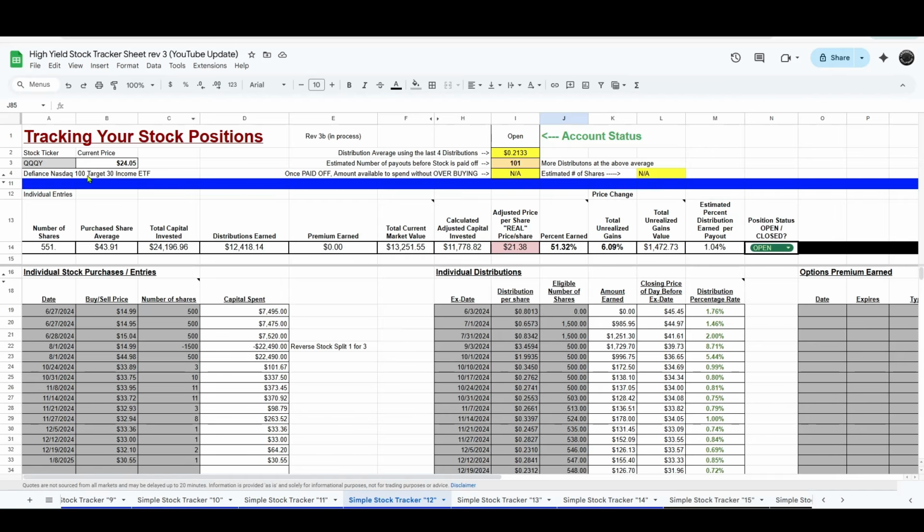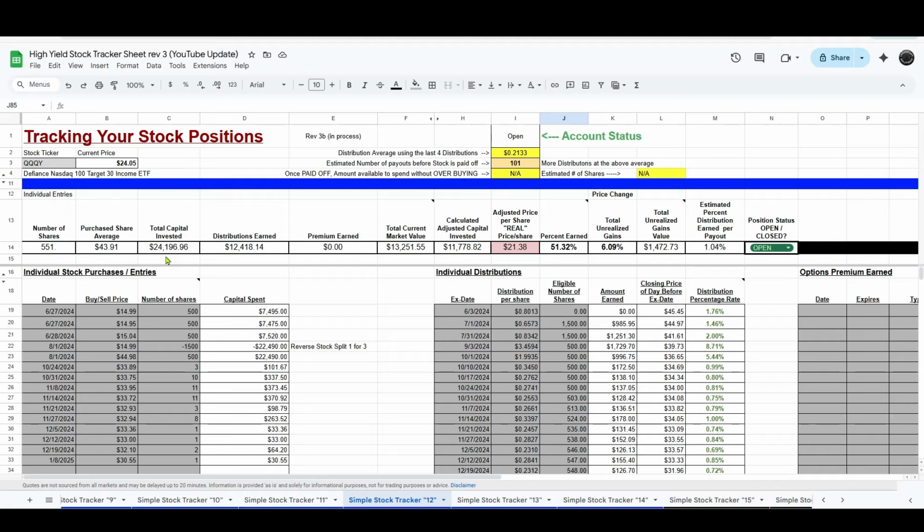Now the current price up here will adjust automatically once that reverse split goes through, so we won't have to do anything with this. But we will need to adjust because our number of shares will change and our purchase share average will change. Your total distributions invested will not change.